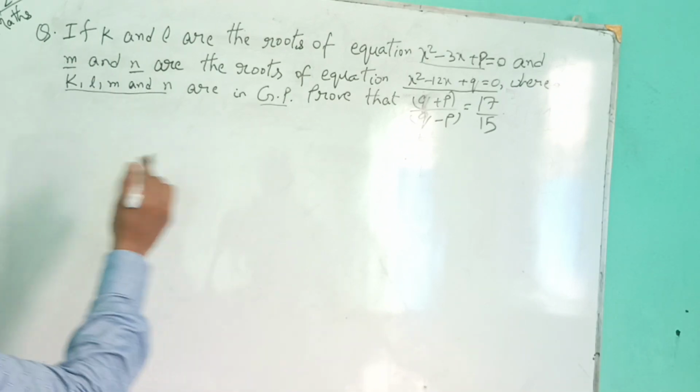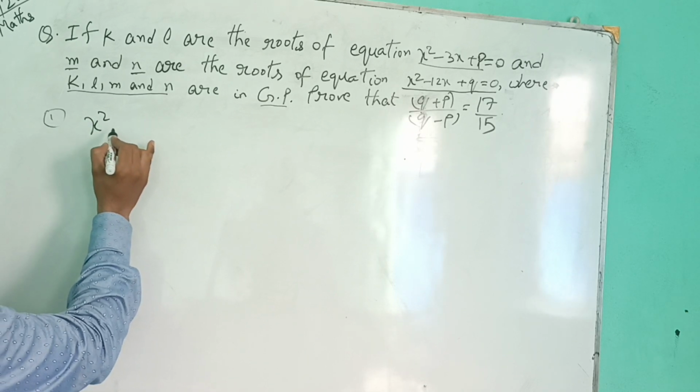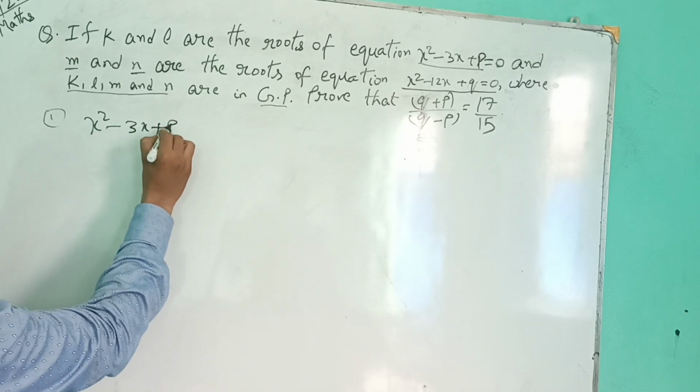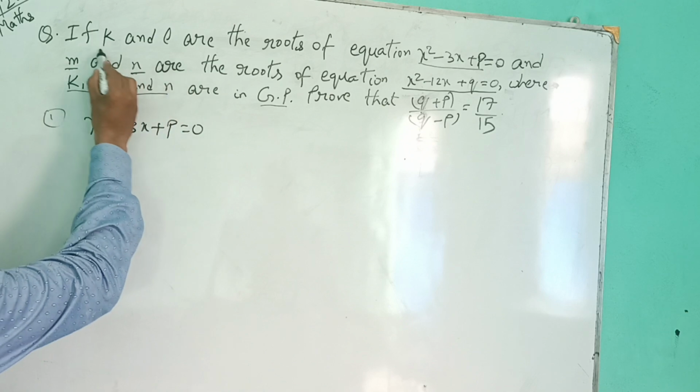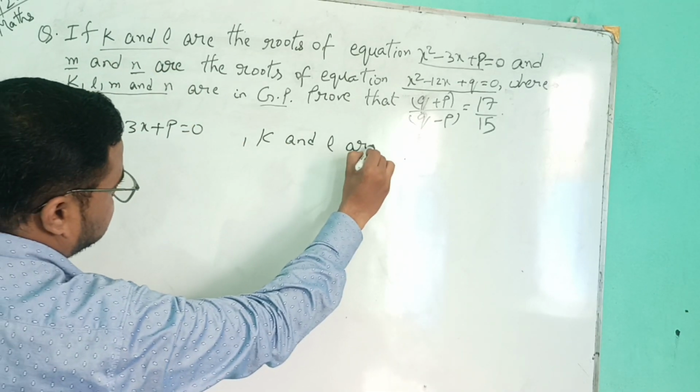Now let us consider the first quadratic: x square minus 3x plus p equal to 0. Its roots are k and l.